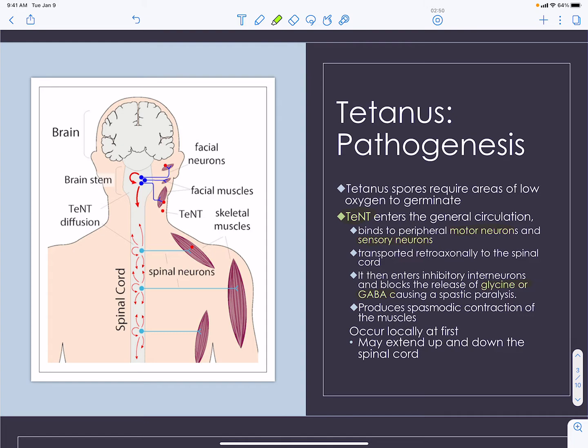Glycine and GABA are important for regulation of neurotransmission, and blocking them is going to cause what is called spastic paralysis. And so you're going to have spasmodic contractions of muscles that usually occur locally, then extend up and down the spinal cord.